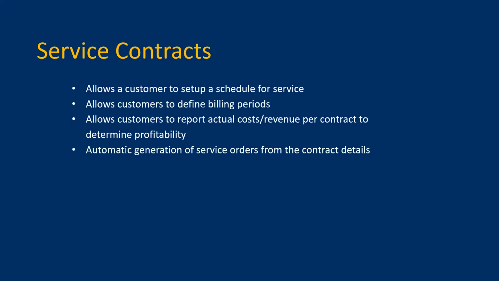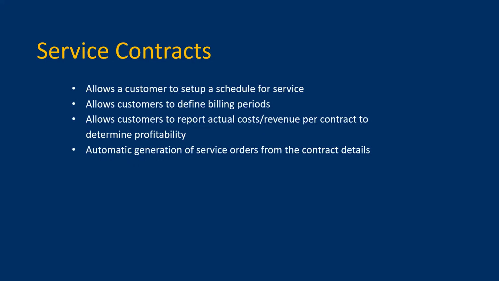It's allowing a customer to set up a schedule of service, which includes multiple different service items over different periods, but on the same exact contract itself. So for example, this might be, let's say, an air compressor, where we service the motor twice a year, but we inspect the tank once a year.